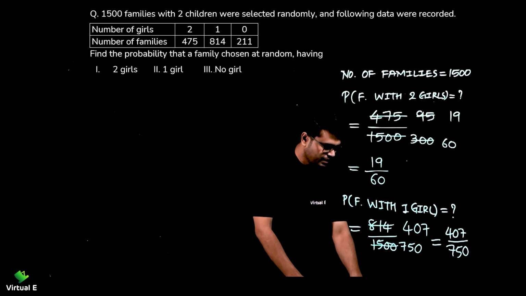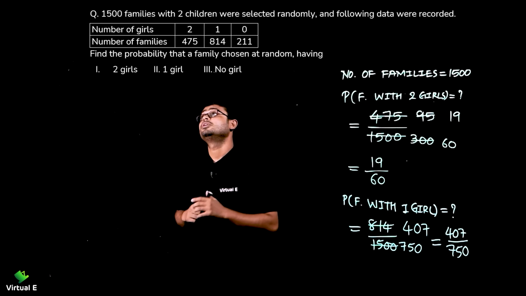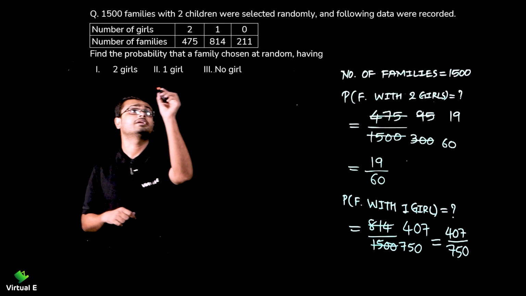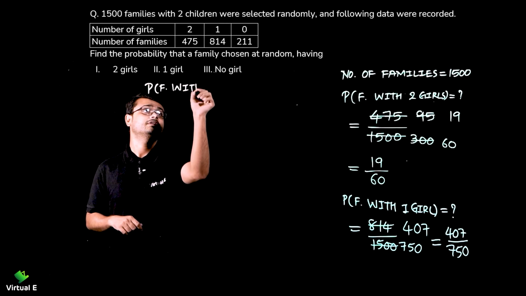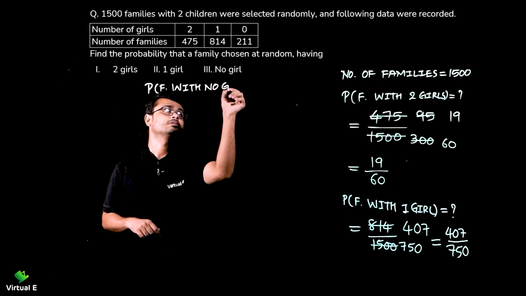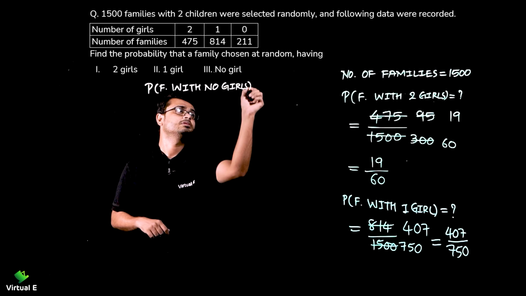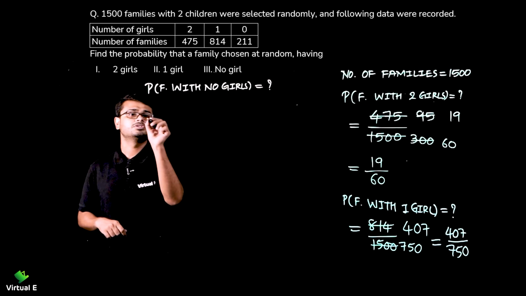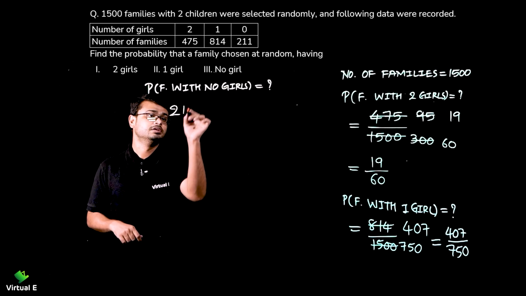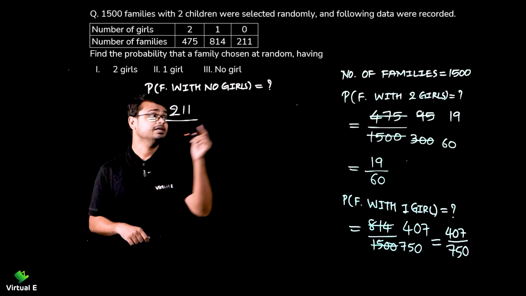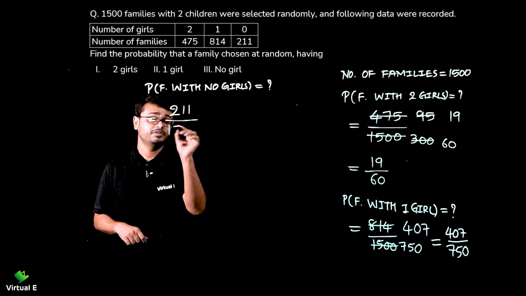Now the last one is about families with no girls. The probability of a family with no girls is equal to question mark. So 0 girls basically, right? That is 211. So 211 and the total number of families is 1500.